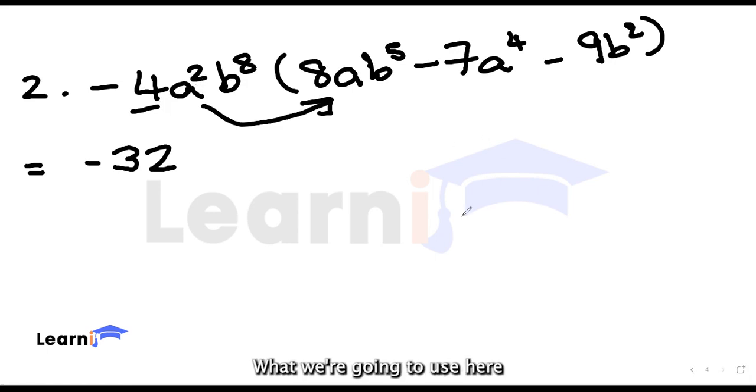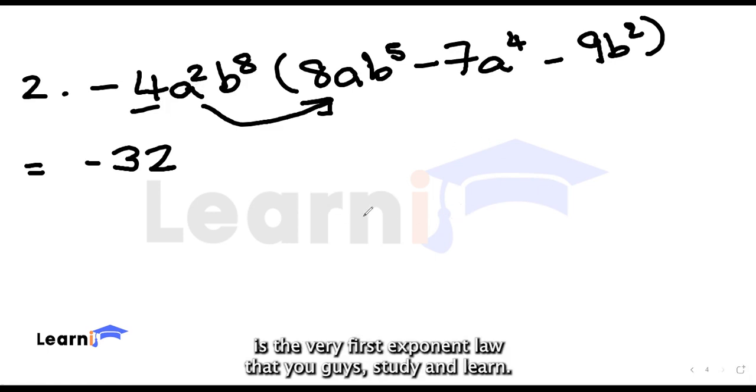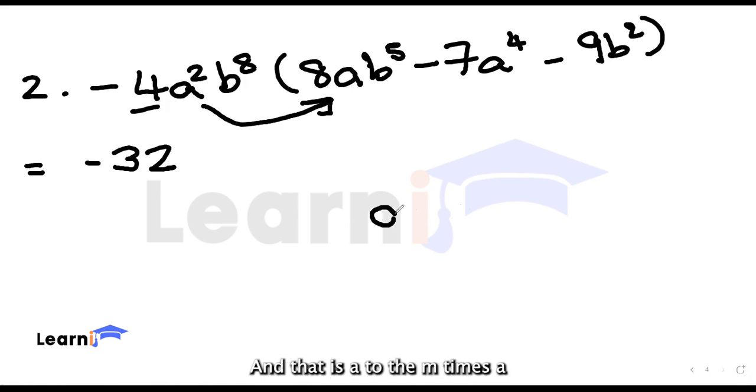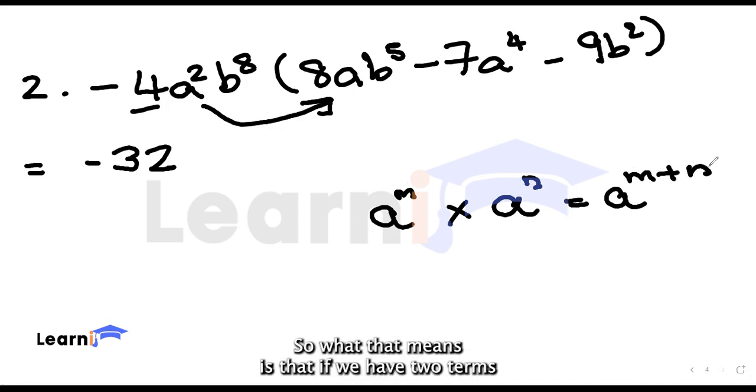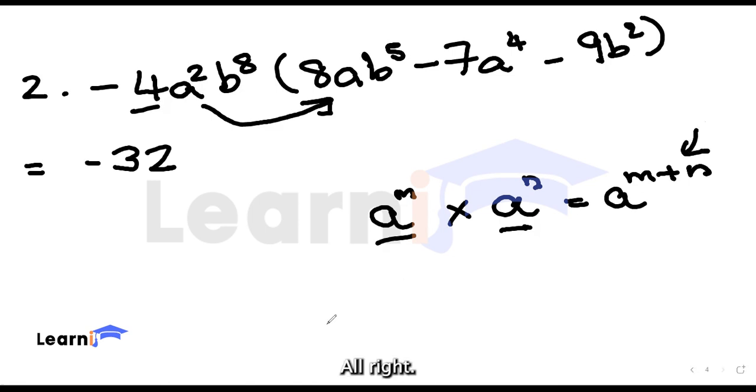And the exponent law that we're going to use here is the very first exponent law that you guys study and learn, and that is a to the m times a to the n is equal to a to the m plus n. So what that means is that if we have two terms with the same base, we can add their exponents.